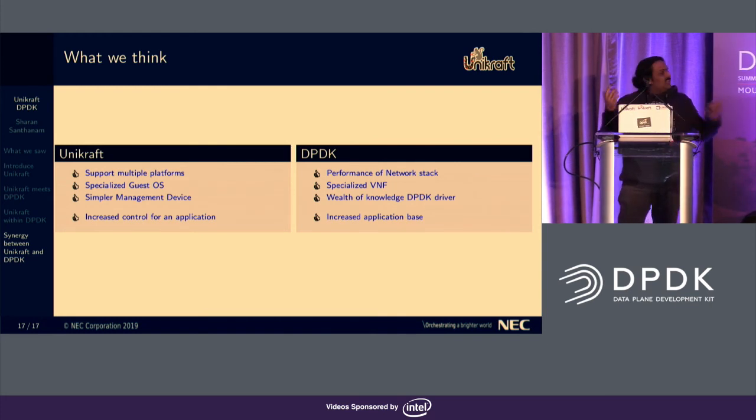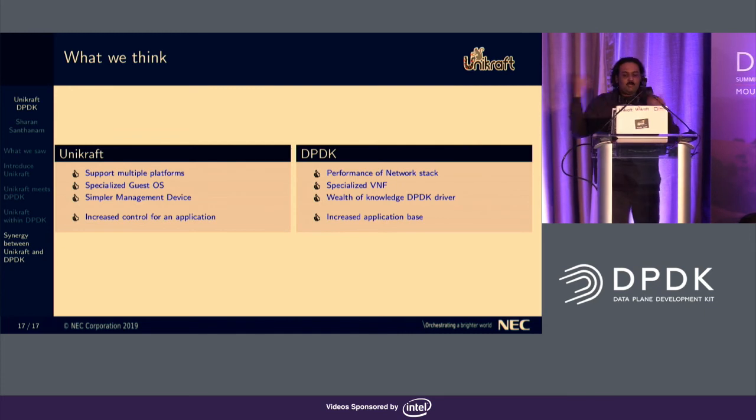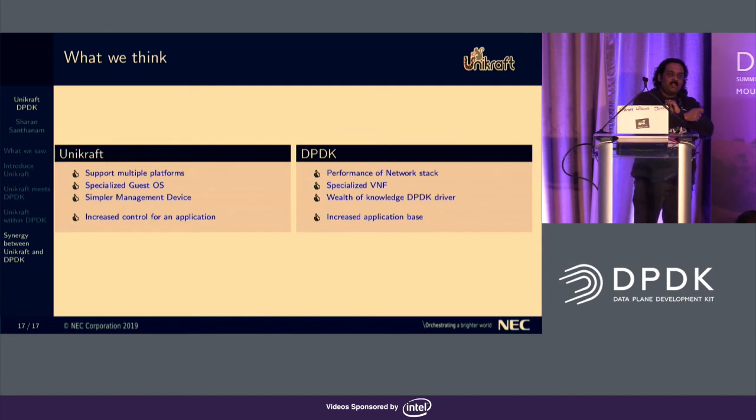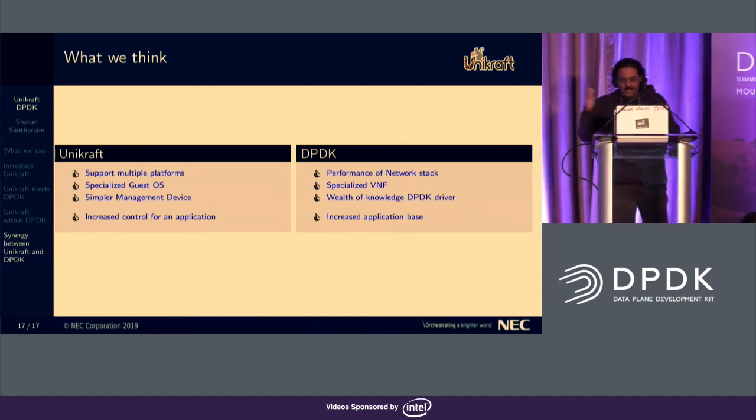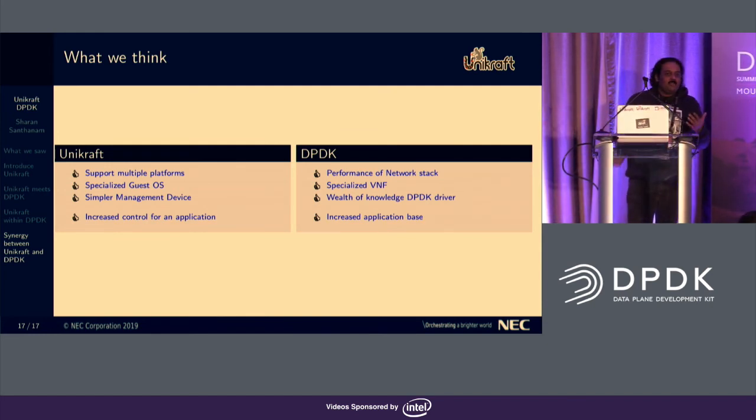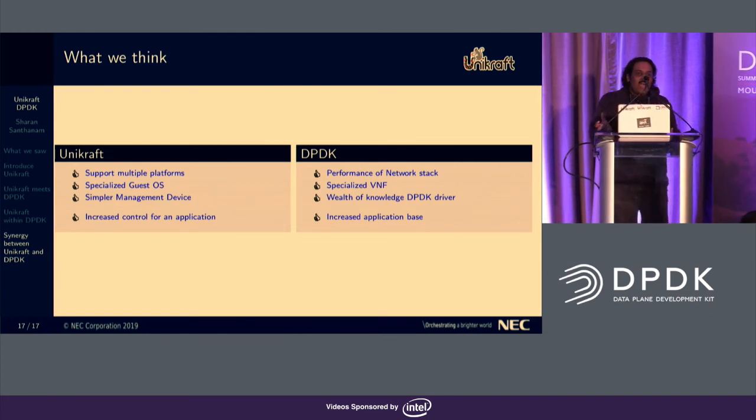In terms of DPDK, what we get is a specialized, high-performance network stack, and from the driver's perspective, the wealth of knowledge inside the DPDK drivers, which we can use with Unikraft, and then we have an increased application base. This is why we believe the two projects are in synergy, and we can exploit the synergies of the two projects together.